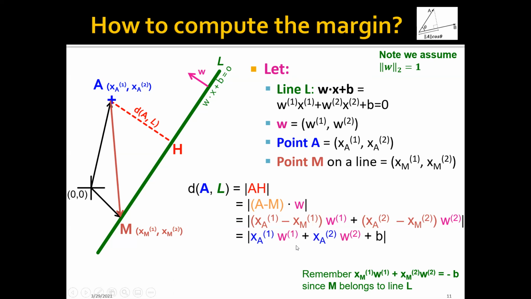And if we write it in a vector form, we get something like this. So to conclude, we can express the distance between any point A and the decision boundary using just the dot product of W and A plus B, and we take the absolute value. So this is actually quite a simple form.